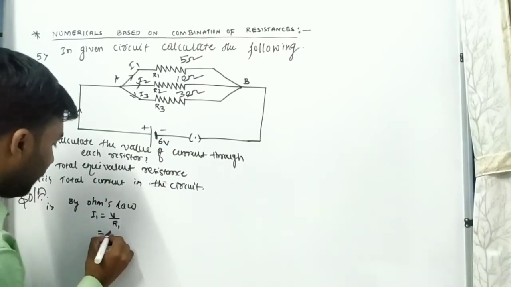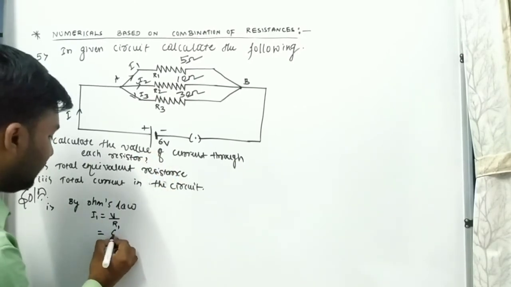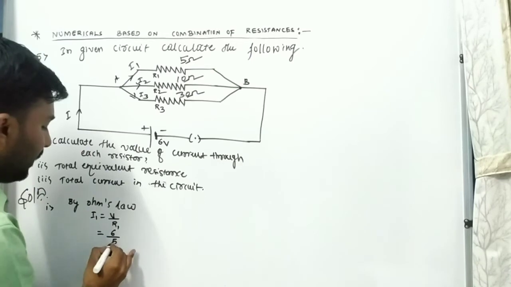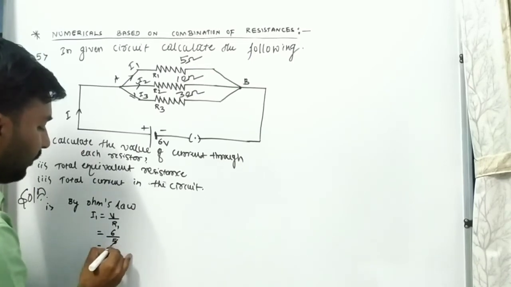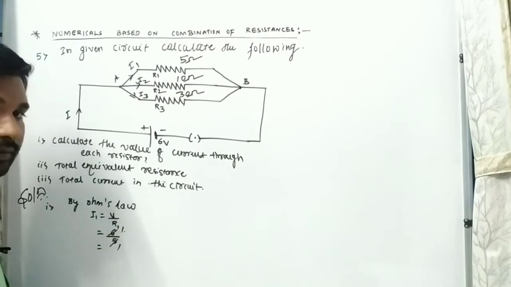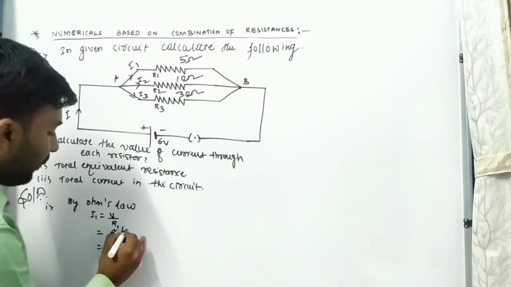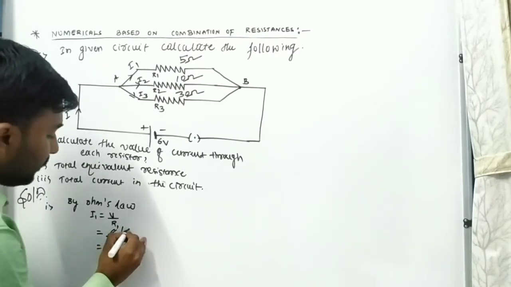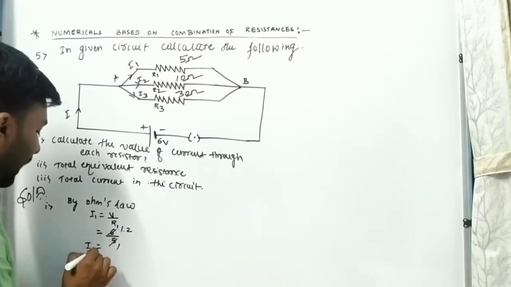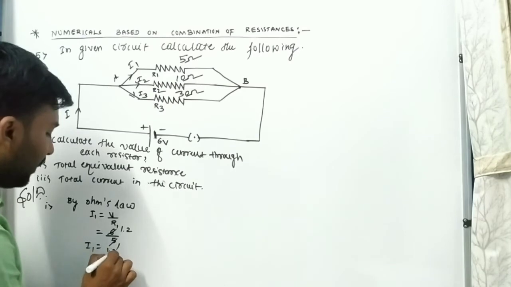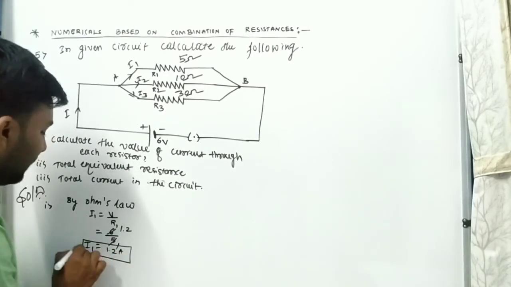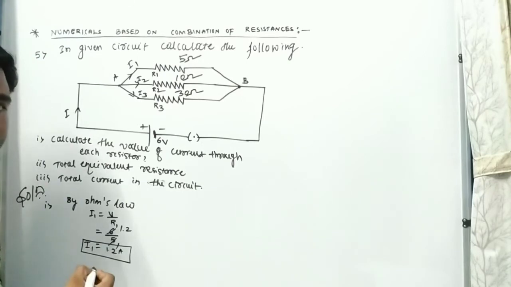Therefore V is 6, R1 is 5. So 5 ones are 5, 5 twos are 10. Therefore I1 is 1.2 ampere.